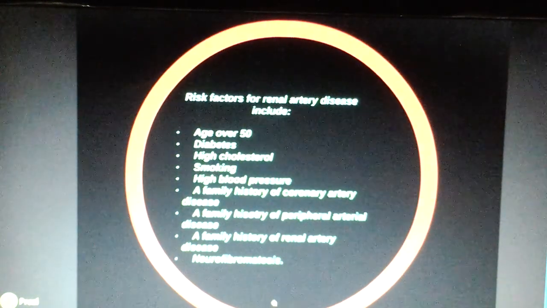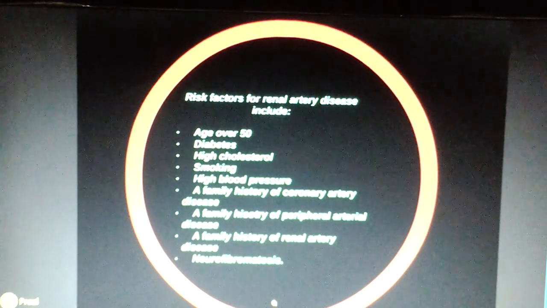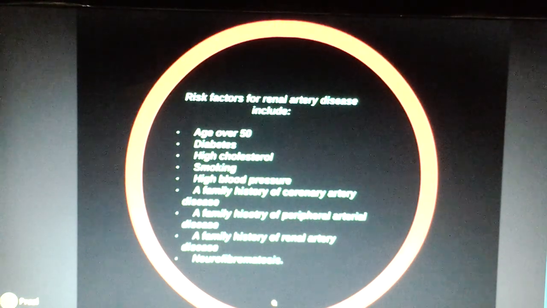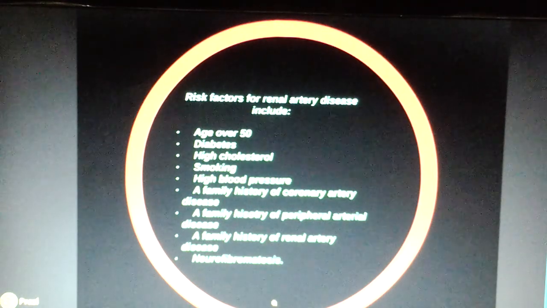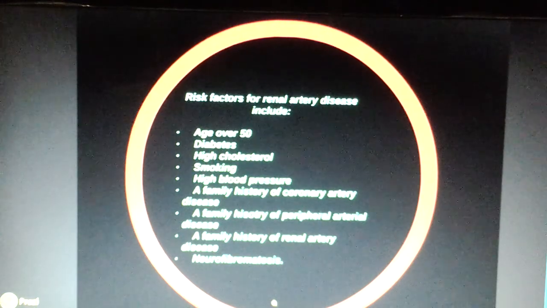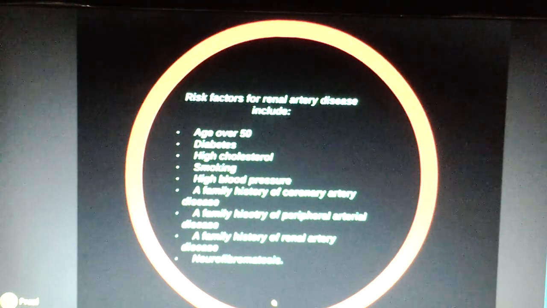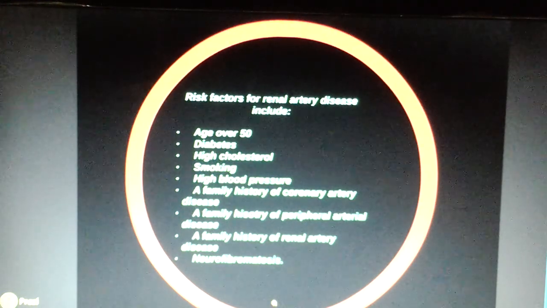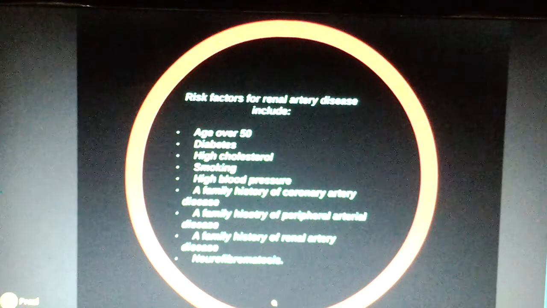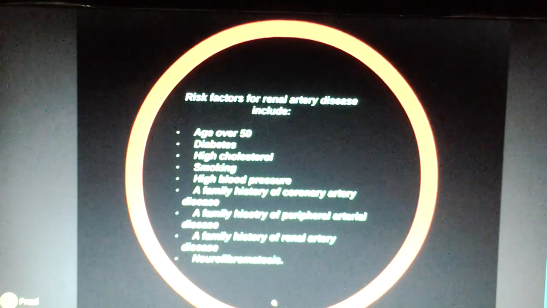Risk factors for renal artery disease include age, obesity, diabetes, high cholesterol, smoking, high blood pressure, a family history of coronary artery disease, a family history of peripheral artery disease, a family history of renal artery disease, and neurofibromatosis.